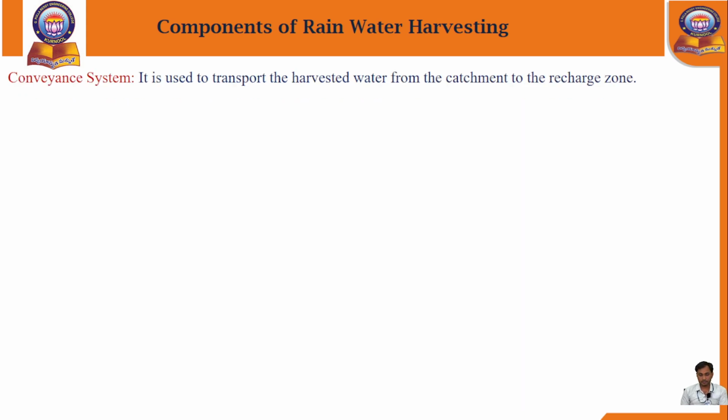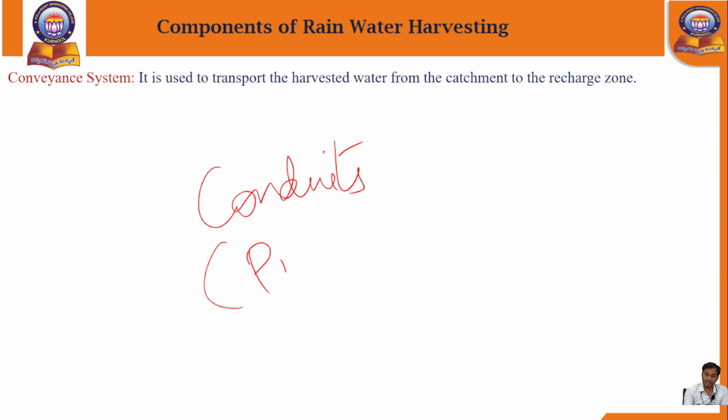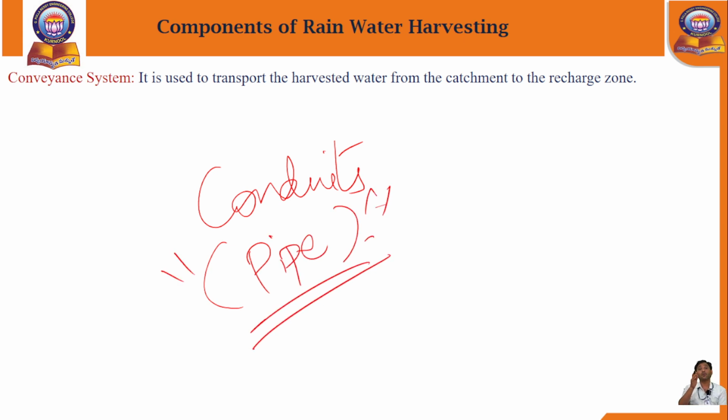Next, the conveyance system. The conveyance system plays an important role where the collected rainwater is transported into the sump or any storage tanks. How is it transported? By the conduits. The conduits are nothing but pipes or pipelines. With the help of pipelines, the collected water is transferred from the top surface to the bottom surface.